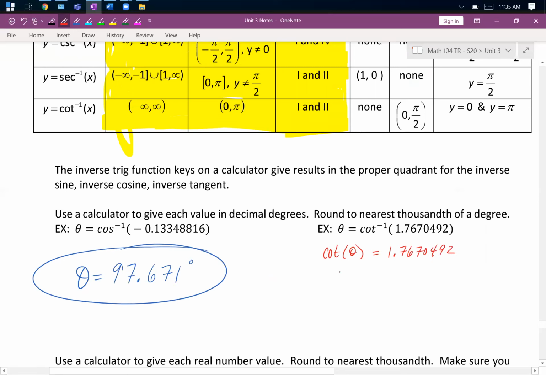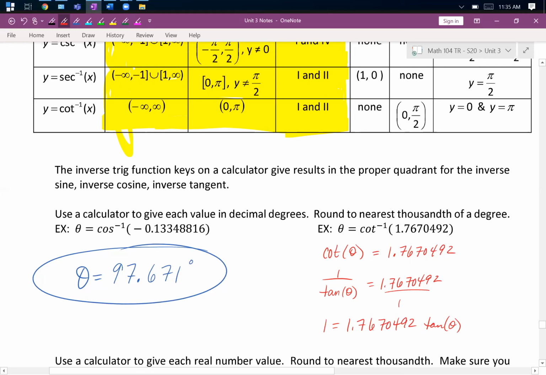We know that cotangent is 1 over tangent. Anytime the variable we're solving for is located in the denominator, we want to get it out. So I'm going to cross multiply and get 1 equals all of this tangent.